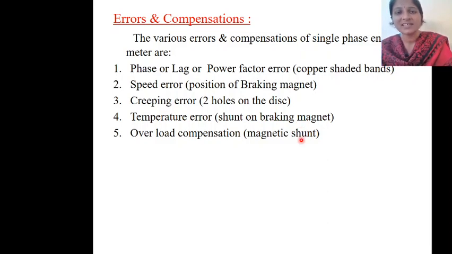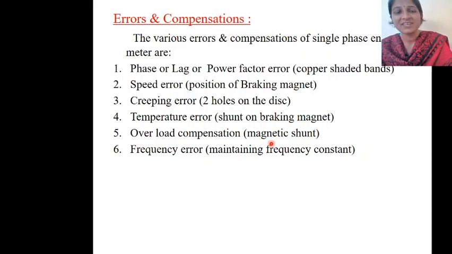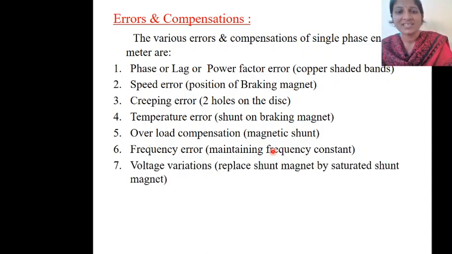To avoid that error, you can provide magnetic shunts. And frequency error: you need to maintain the frequency constant to overcome frequency errors. For voltage variations also, you can replace the shunt magnet by a saturated shunt magnet so that voltage variations can be reduced. This is about the errors and their compensations in the energy meter.